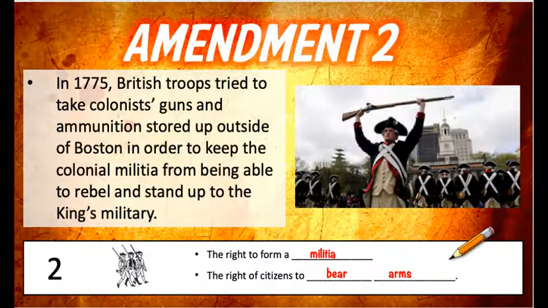You can't just go buy one on the black market and have that be legal. Okay? So you have to go through the right channels in order to be able to own that. And many of you that enjoy hunting and such know that you've taken a hunting class and a firearms safety class and things like that.